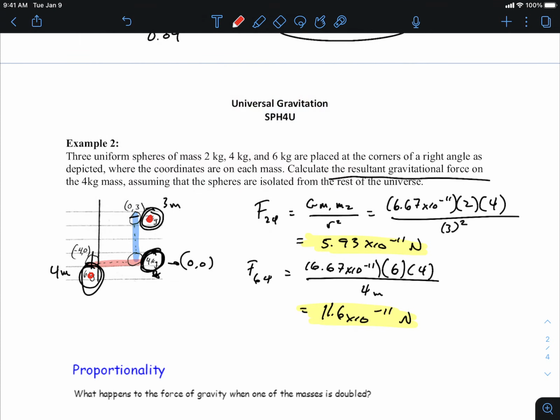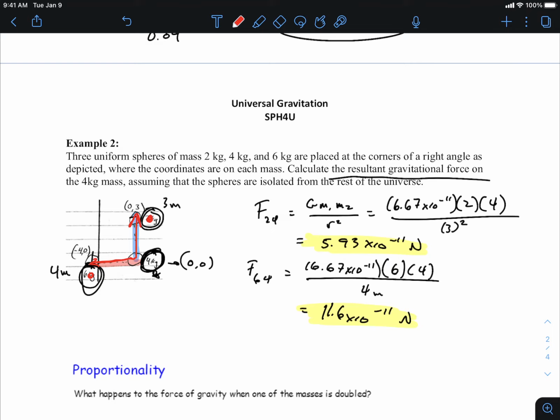It's an attractive force. So the 4 kilogram mass is feeling attracted in this direction to the 2 kilogram mass, and it's also feeling attracted to the 6 kilogram mass. So you've got two vectors here.